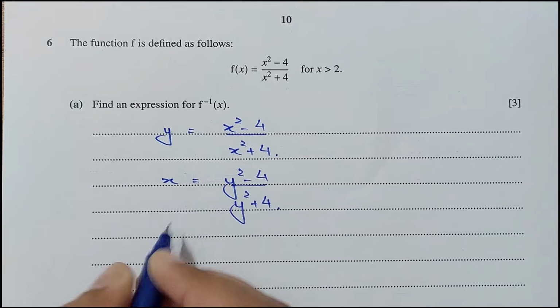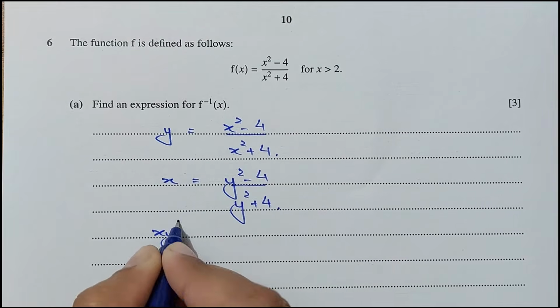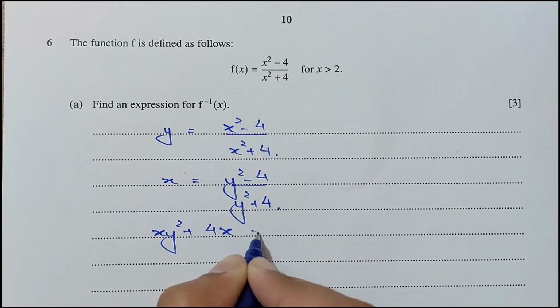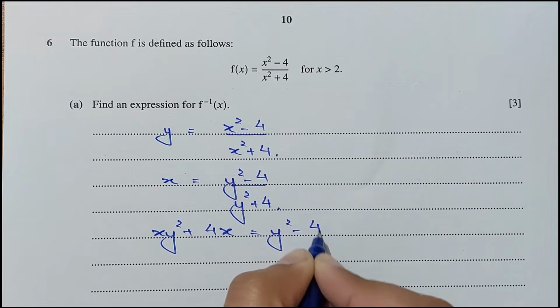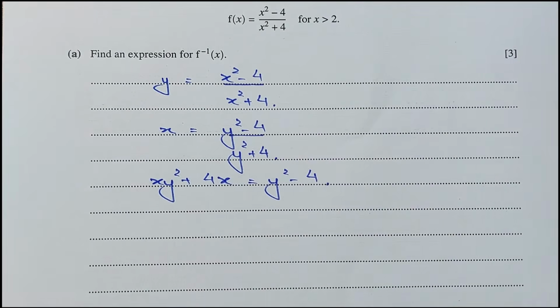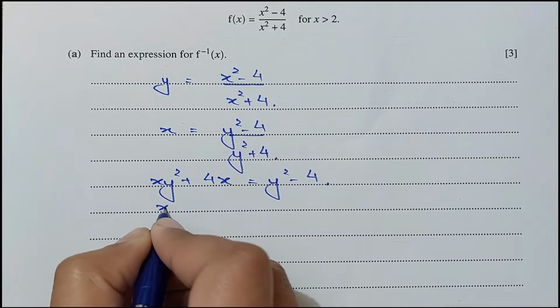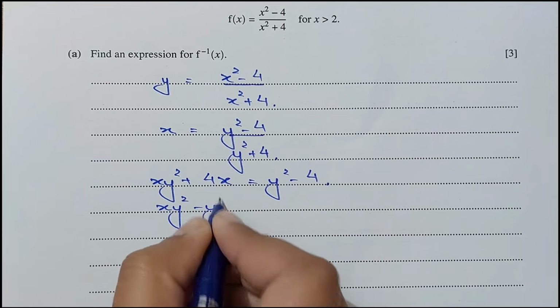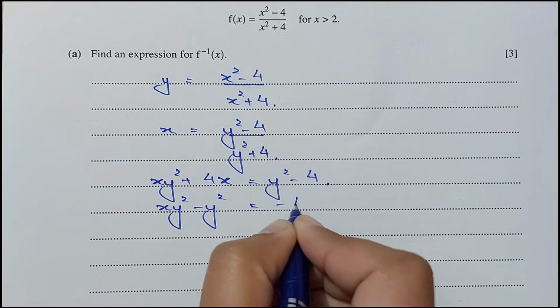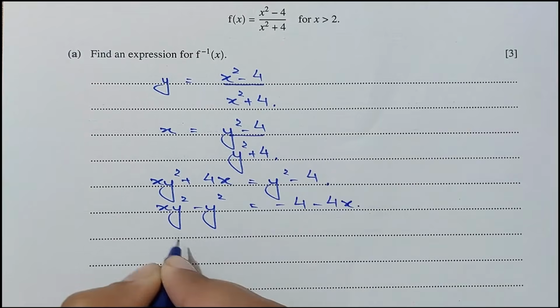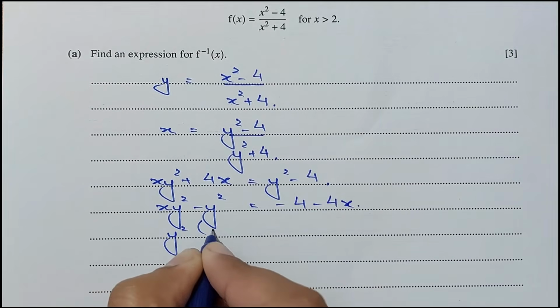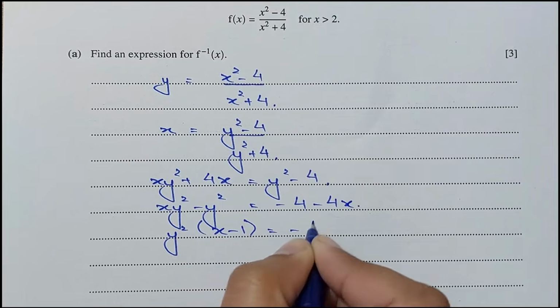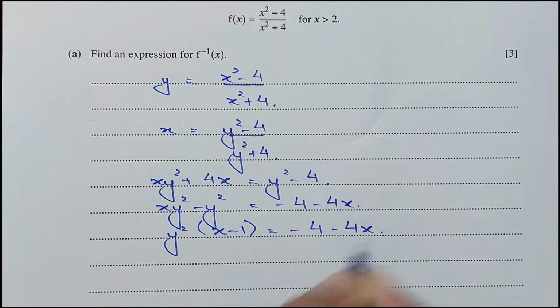Right, now doing a cross multiplication, xy square plus 4x would be equal to y square minus 4, right? Okay, now shifting the y terms to the left side and the constant terms to the right, minus 4x. Taking y square common, we have x minus 1, this is minus 4x, right?